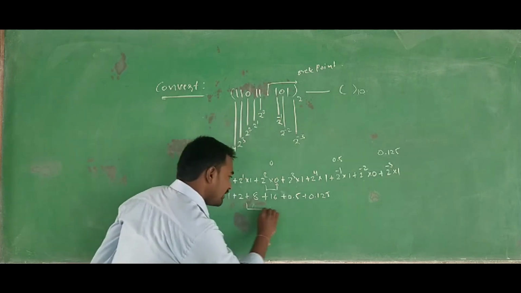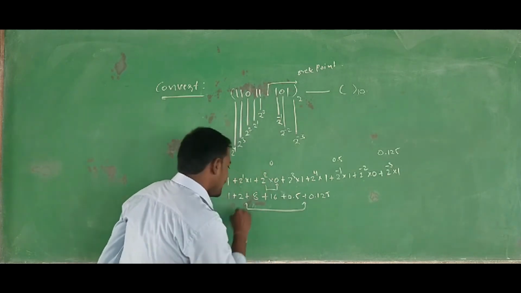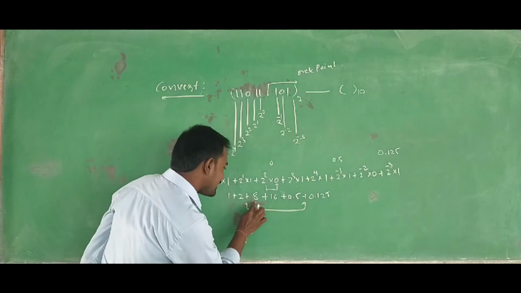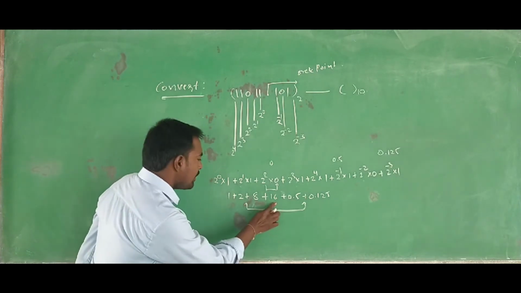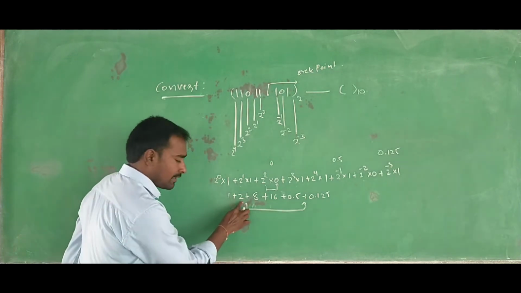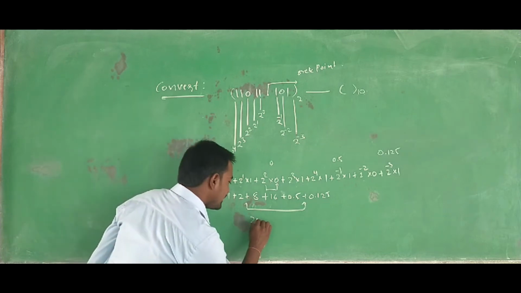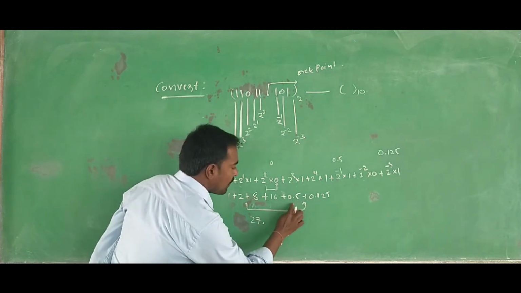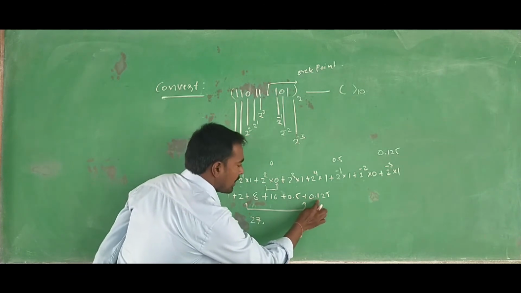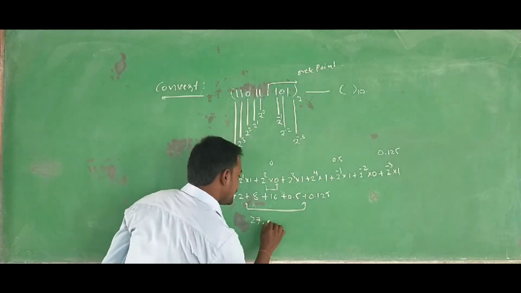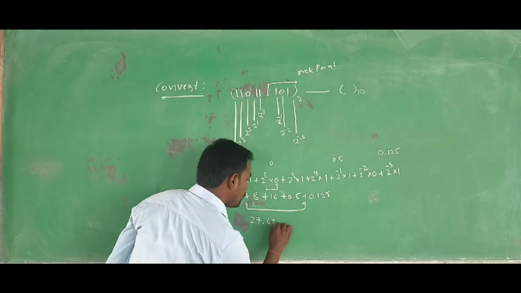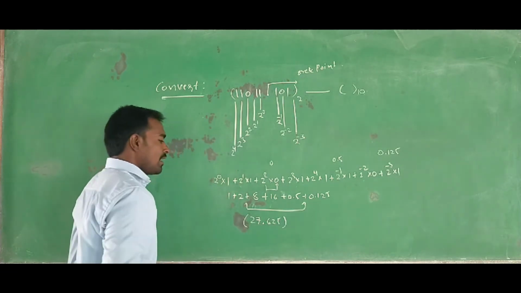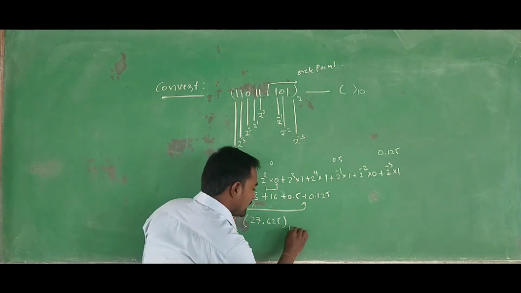So finally, when we add all these values, 16 plus 8 is 24, 24 plus 3 is 27, point, and 0.5 plus 0.125 gives 0.625. So this is having the base of 10.